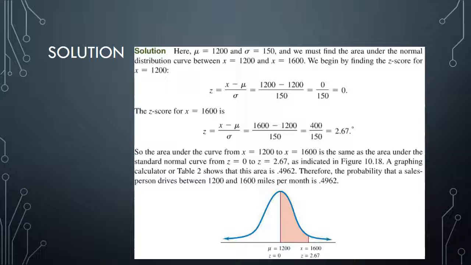Well, the z-score for 1200 is 0 because when you create a standard normal curve, your mean becomes 0. Find the z-score for 1600, and we put it in the formula and get that that is 2.67. Now what you can do is on your calculator, do a normal CDF from 0 to 2.67, and you should get 0.4962 or 49.62%.